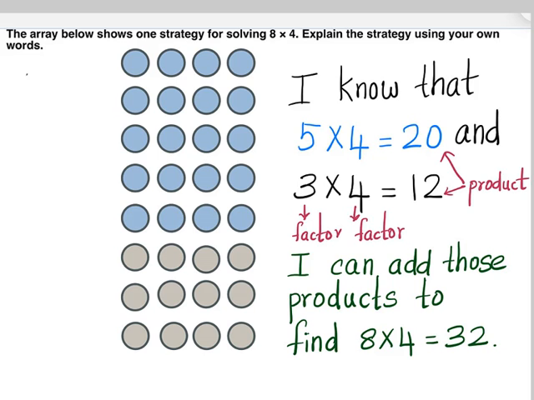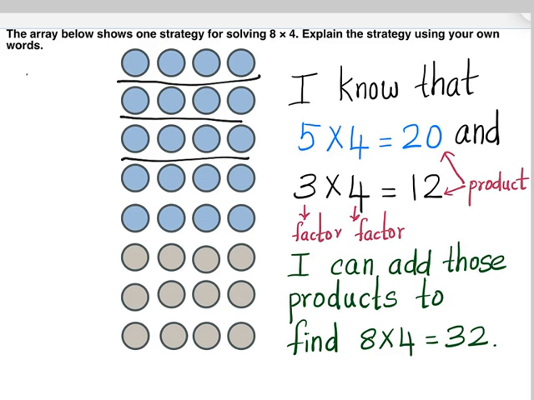The question here is, the array below shows one strategy for solving 8 times 3. Explain the strategy using your own words. So we have to explain the strategy here in our own words. So in this array, if you see, in each row or in each group, there are 4 circles.